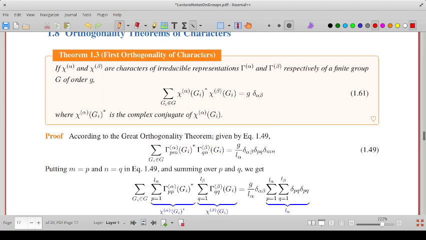To prove this, we start from the orthogonality theorem of representation matrices, which says that if alpha and beta are inequivalent representations, whenever alpha is not equal to beta, then it satisfies the following orthogonality condition: sum over Gi of gamma alpha Pm Gi star times gamma beta Qn Gi equals G by L alpha delta alpha beta delta PQ times delta Mn.